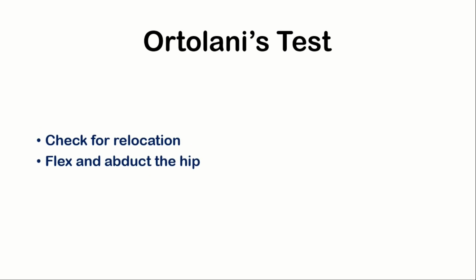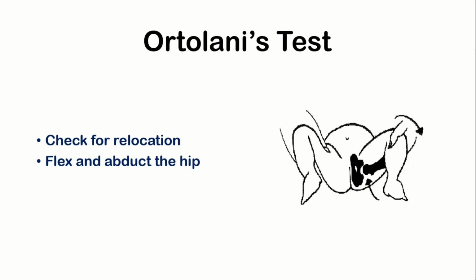And now, let's talk about Ortolani's test. In this test, we check for relocation of the already displaced hip joint, by flexing and abducting the hip. If developmental dysplasia of the hip is present, the hip will be relocated, and again the test becomes positive.